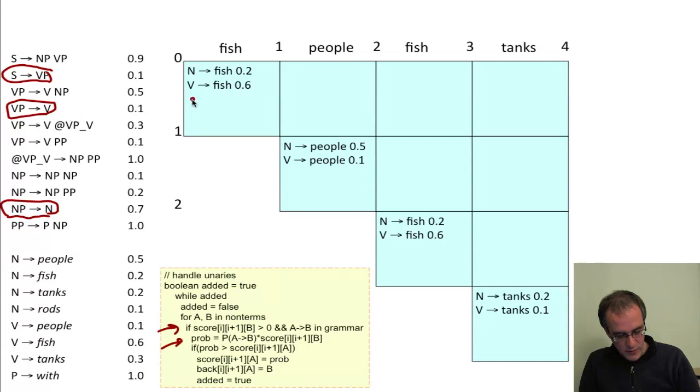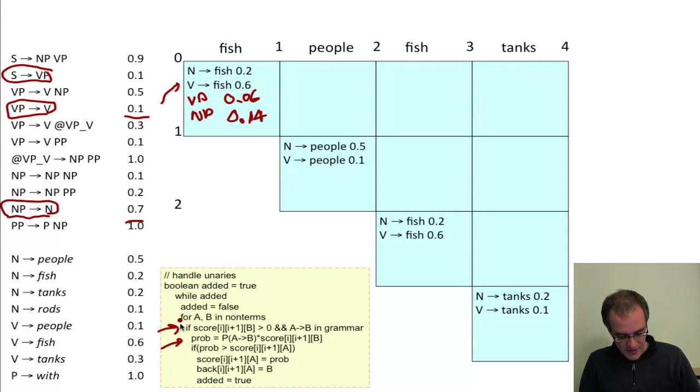So we'll say, look, we can also make a VP here which has probability 0.06. There I'm taking the 0.1 and the 0.6 and multiplying it. We can make an NP where the probability of that is 0.7 times 0.2, 0.14. And in the first round through, that's all we'll do.